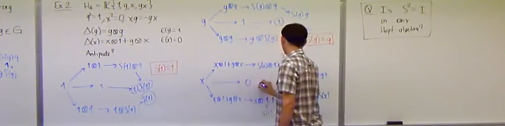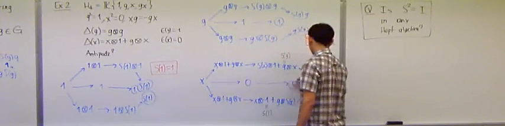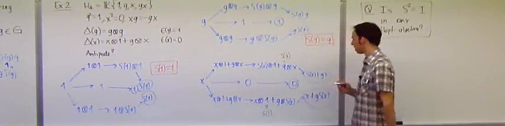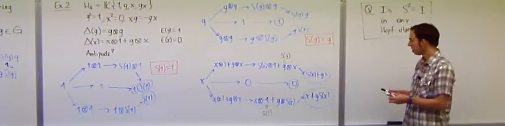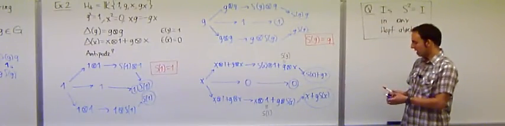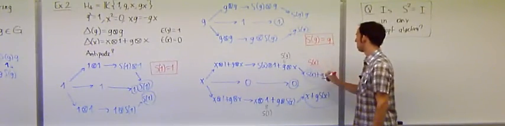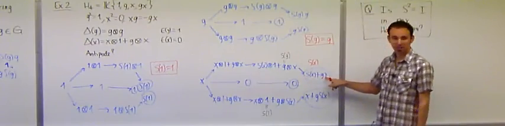So X maps to 0, and 0 maps to 0. So I need these three things to be equal to each other. So that means that S of X should be equal to what? Well, according to this, S of X needs to be minus Gx.